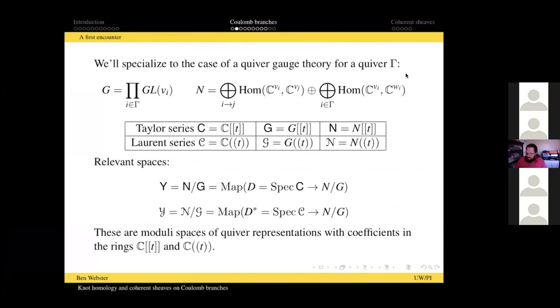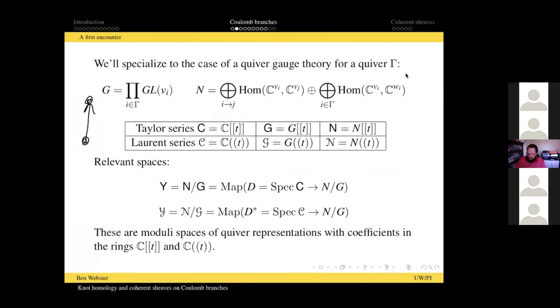So that means my G is a product of GL_Ns corresponding to the nodes of my quiver, and my N are matrix algebras corresponding to maps along my quiver. So, you know, I have a quiver, I have arrows in it.